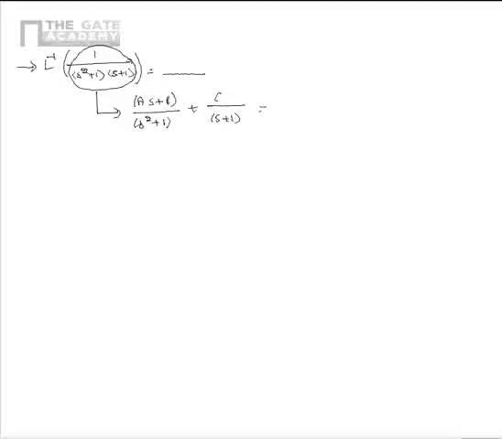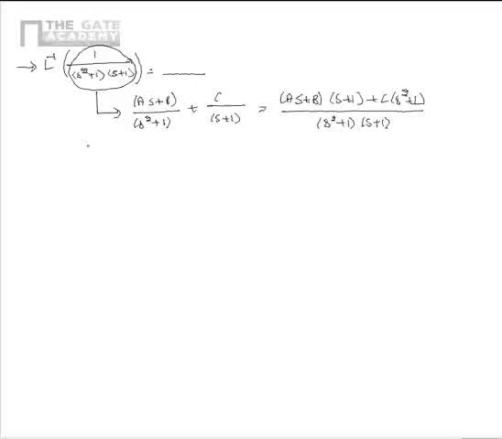Upon simplifying this summation, we get that as plus b multiplied by s plus 1 plus c into s square plus 1 divided by s square plus 1 into s plus 1 is equal to the given F of s.